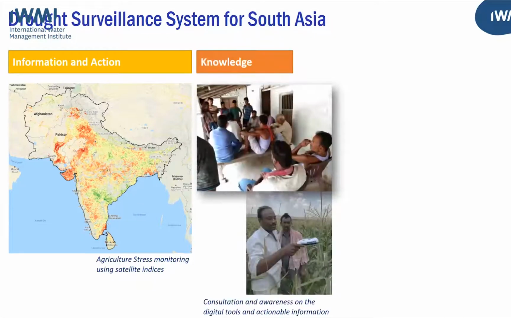And then what happens is that you start not just identifying and knowing the risk, but also educating the farmers on what is the use of these maps, what is the use of sub-seasonal forecast, how do you make use of this data in your crop planning schedules, and also educating them on the digital tools made available to them.